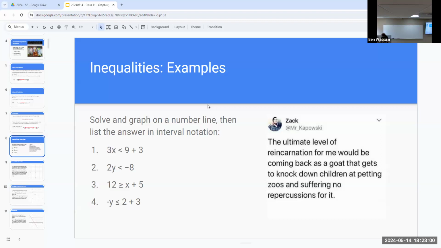So we got some inequality equations. Inequations? Inequality equations.